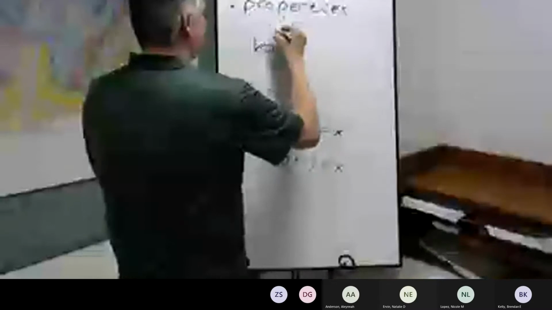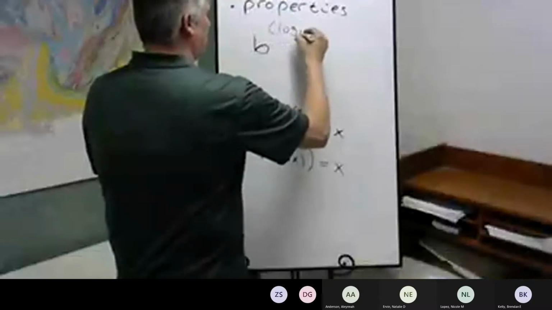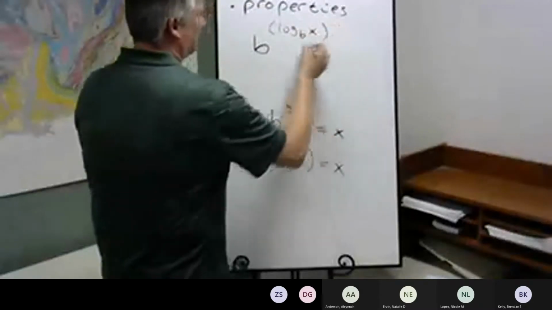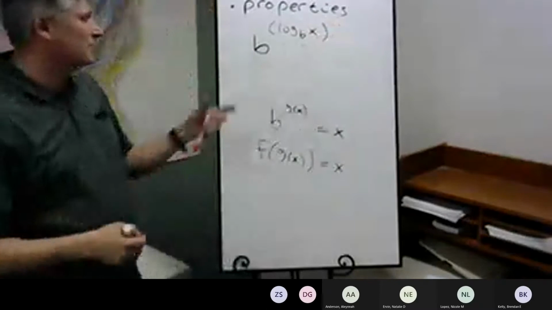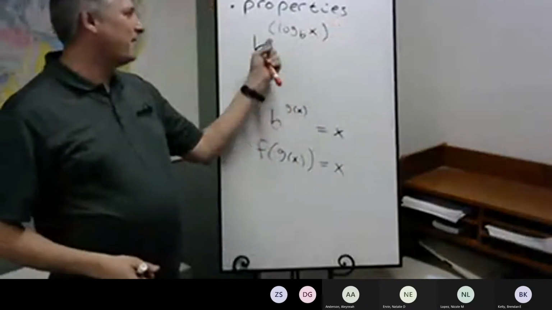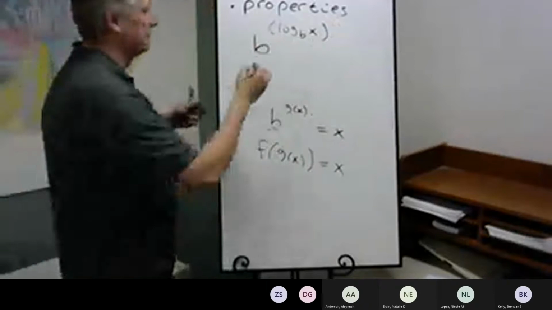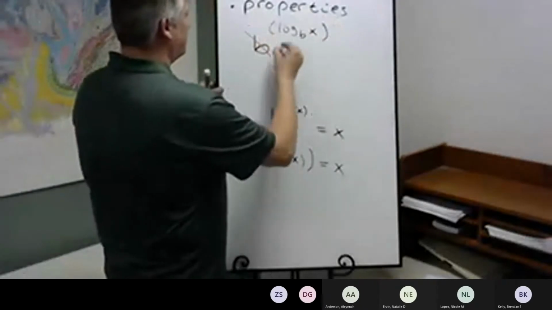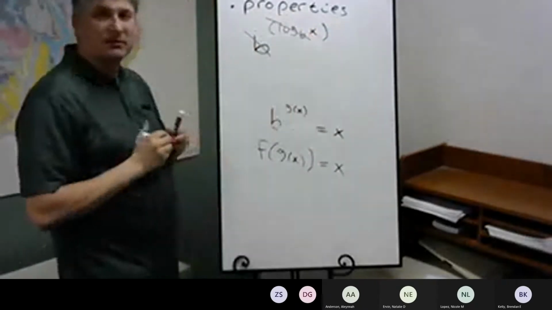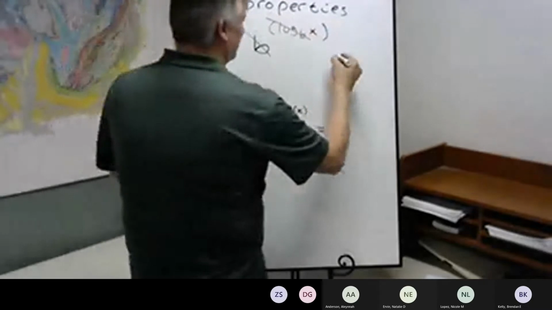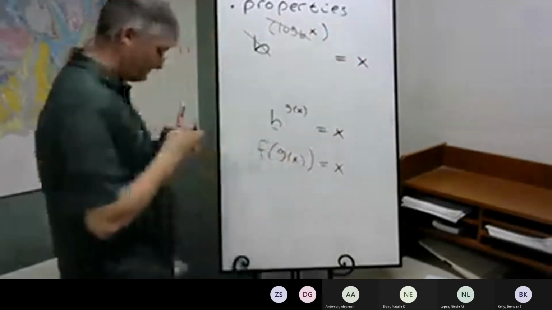What if we had b to the log base b of x? So we have f of x. Instead of having just x, we have g of x here. The exponent and the log cancel out. Just have x.